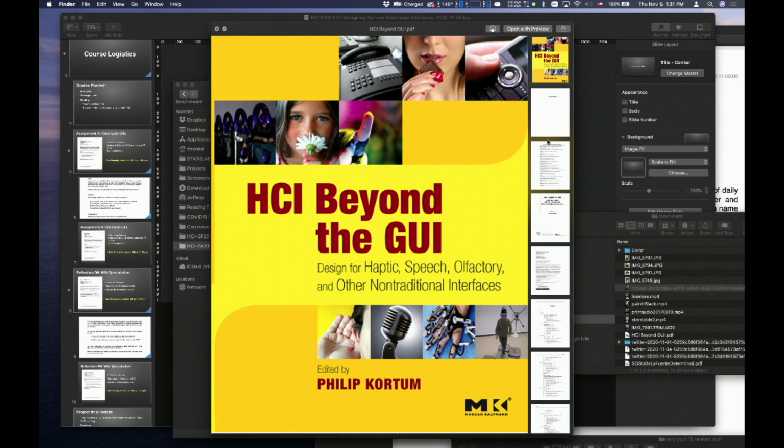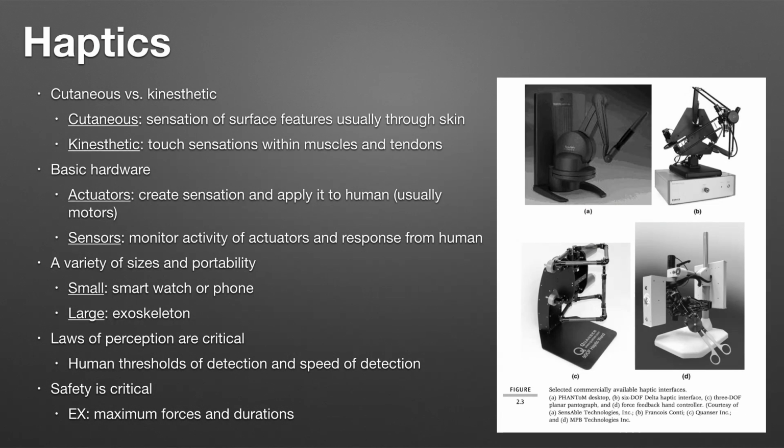You can see haptic, speech, smell, and a couple of others. So that's where I've pulled this figure from. It's a decent read, and it really characterizes a lot of things. Even though I think it's a 2008 book, it's still a very good reference. So these are some haptic interfaces.